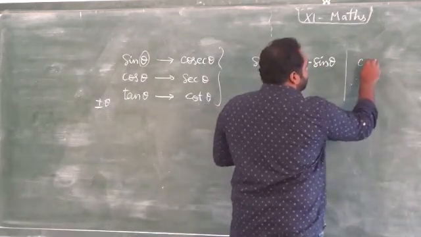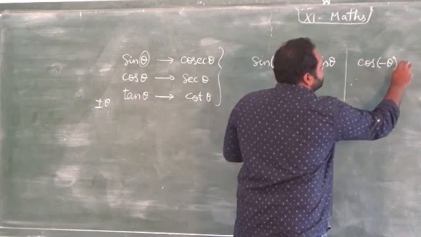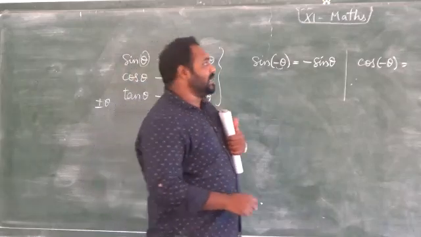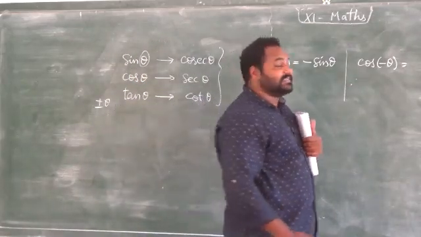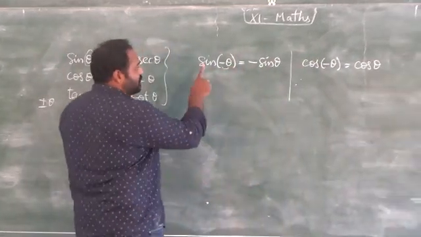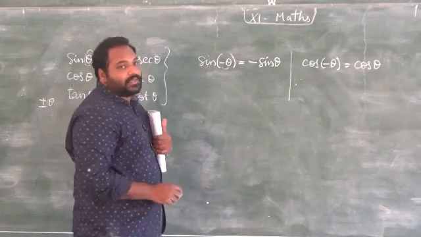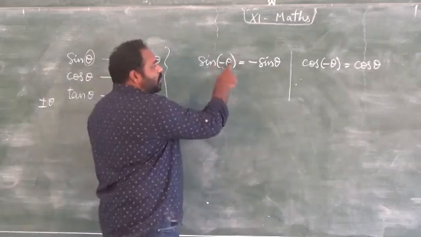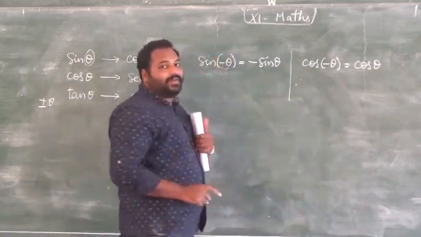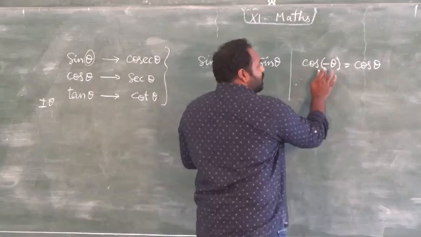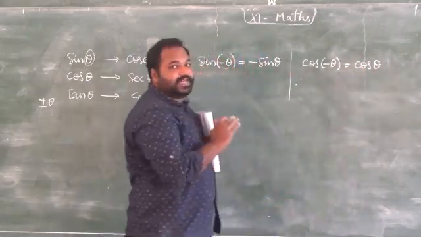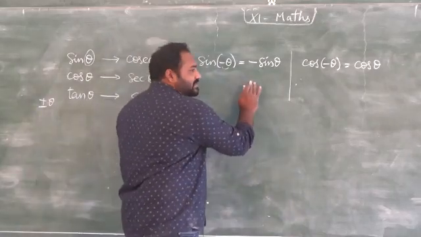In cos of minus theta, when the argument theta is negative in the cos function, the whole function will become positive. It is very important basic knowledge.